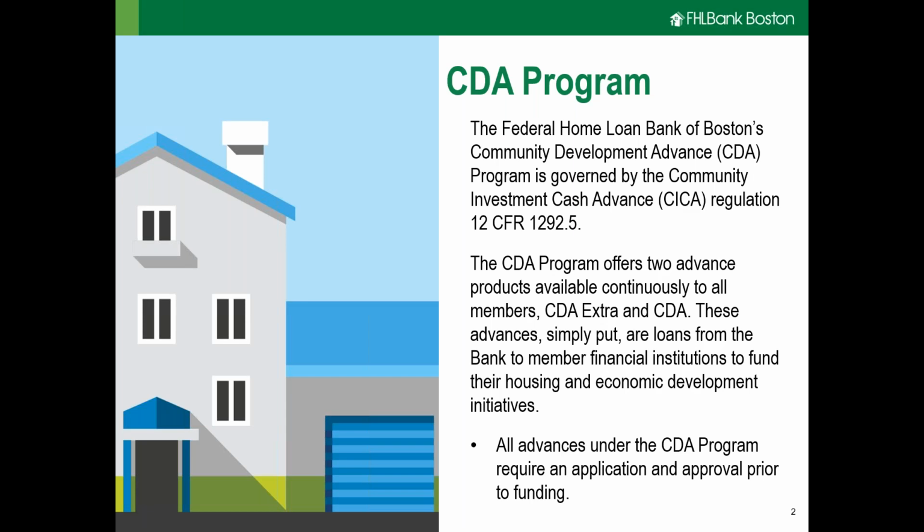That program is designed to serve beneficiaries, households, or businesses meeting certain area median income disciplines. And the programs will target specific beneficiaries based on the program that you're engaging in.